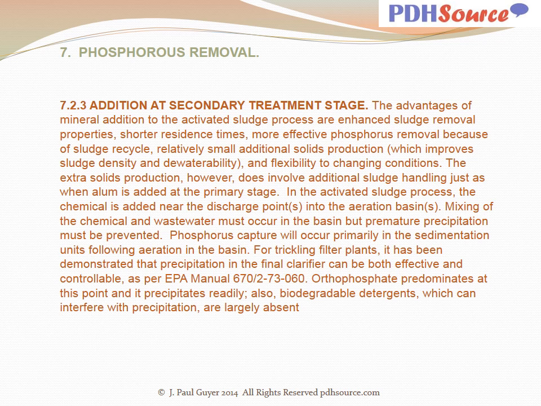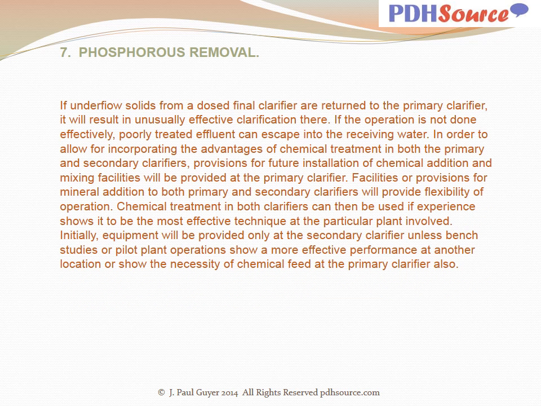Also, biodegradable detergents, which can interfere with precipitation, are largely absent. If underflow solids from a dosed final clarifier are returned to the primary clarifier, it will result in unusually effective clarification there. If the operation is not done effectively, poorly treated effluent can escape into the receiving water.